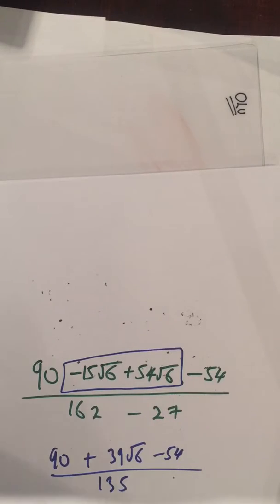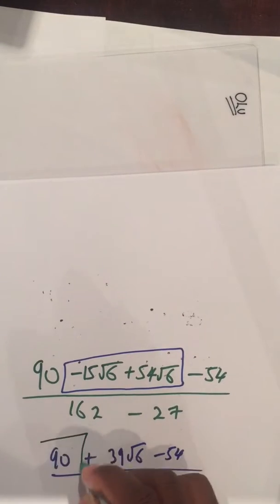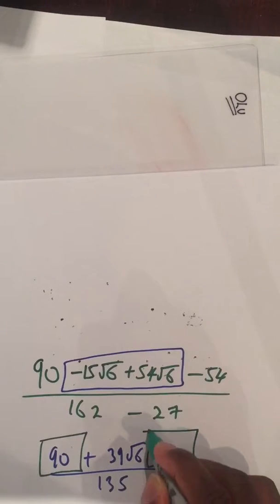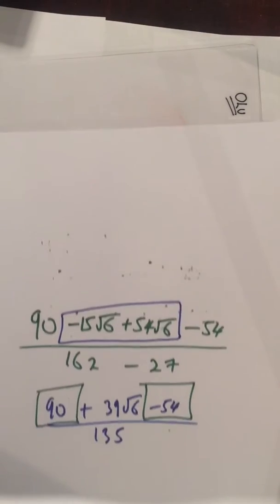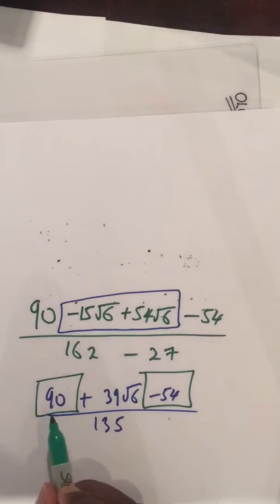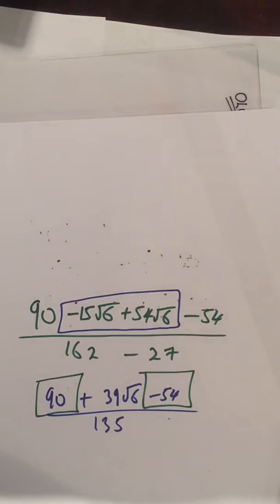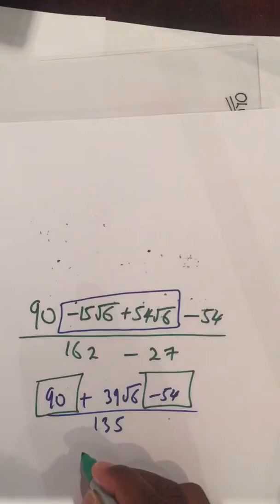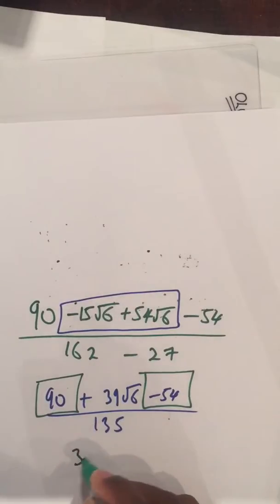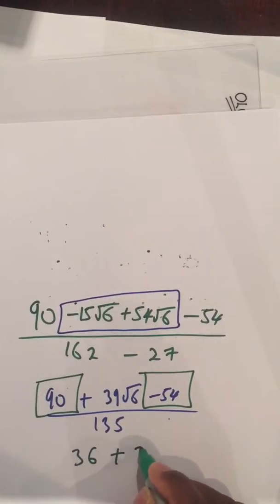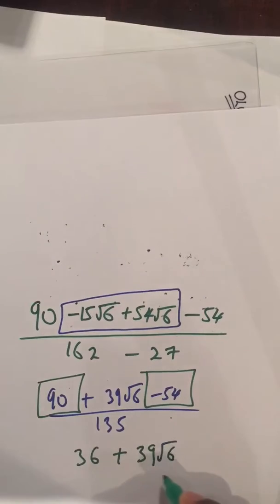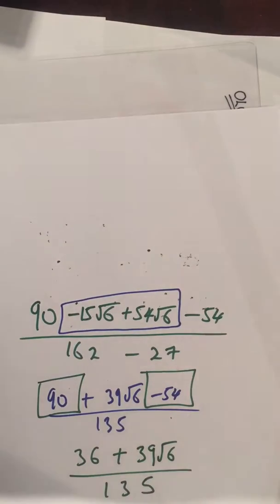Also, take note that this and this can be added up because they are both numbers. So 90 minus 54 would give you 36. So you now have 36 plus 39 root 6 over 135.